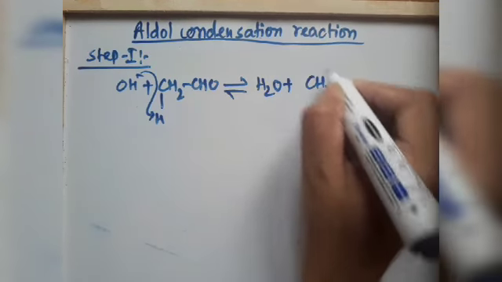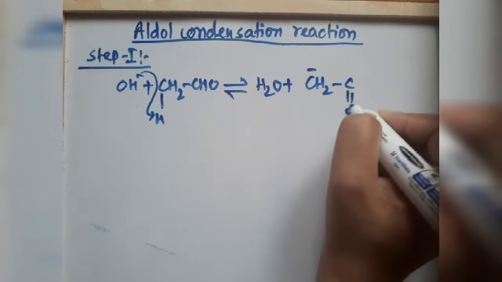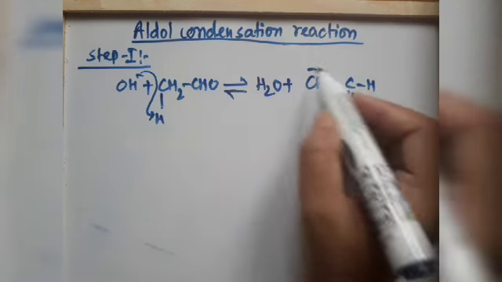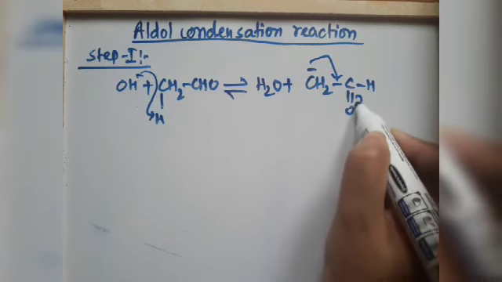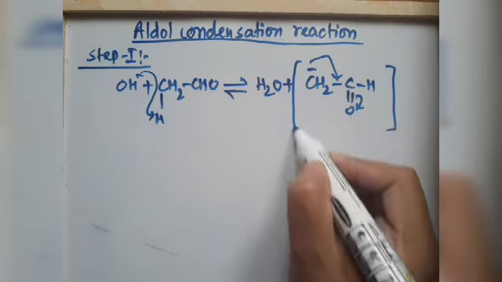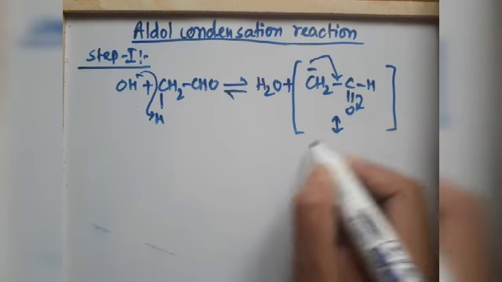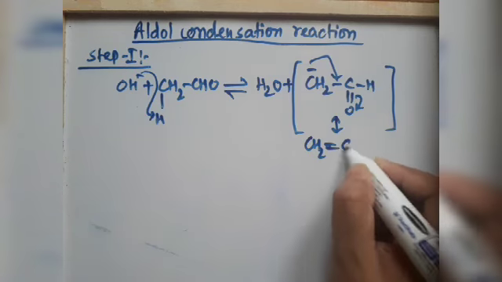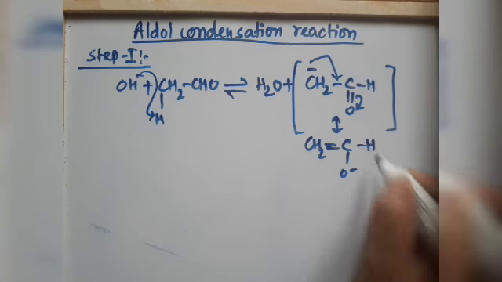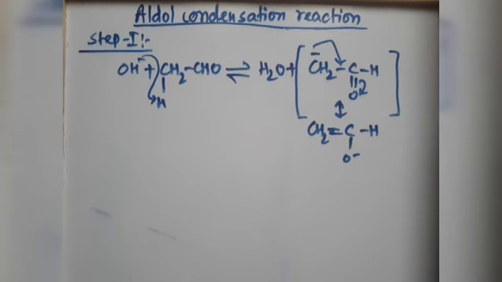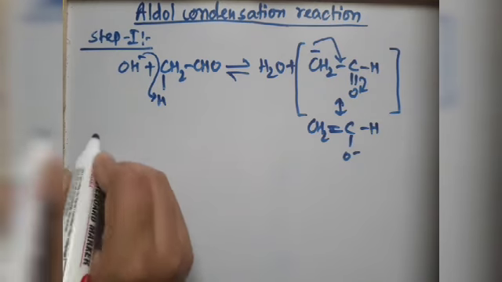Okay, so this one will be CHO and this is resonance stabilized. So another structure will look like this. Clear?